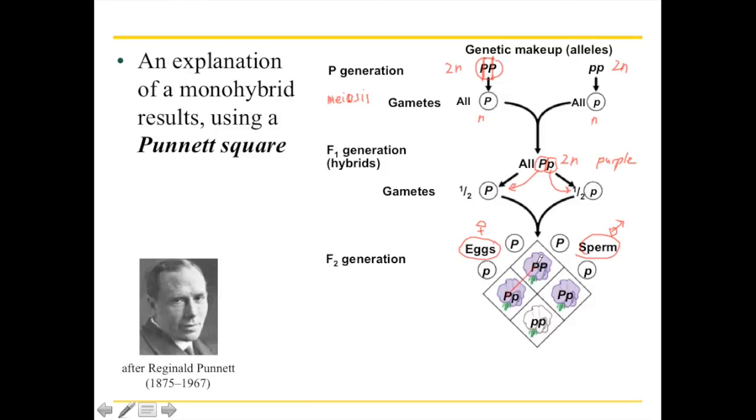In 3 of these cases, it's going to be purple. 3 out of 4 boxes in that Punnett square. Well, 3/4, that's the number we had, wasn't it? Only 1 out of the 4 is going to be white. And there's the reason why we end up with that 1/4 number.